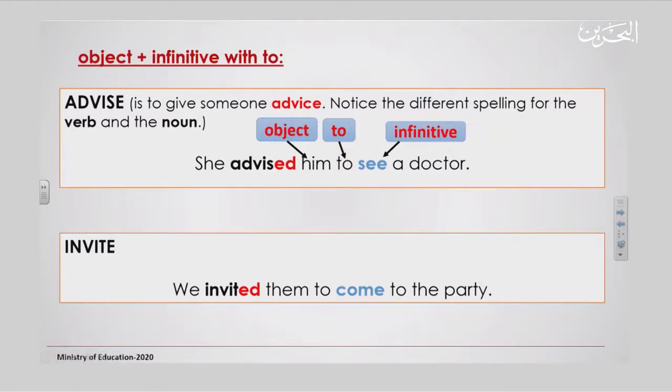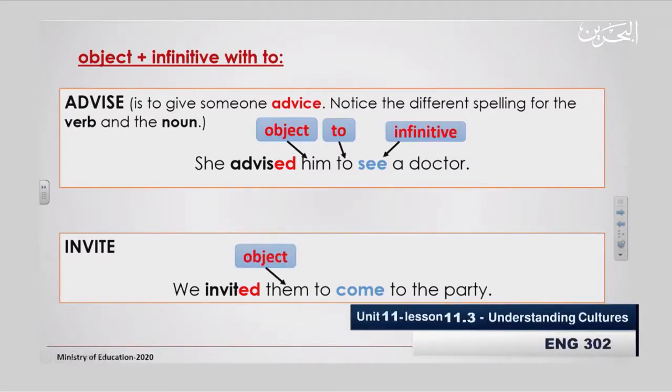So the sentence will be, she advised him to see a doctor. Invite, we invited them, which is the object, plus to, plus the infinitive, which is come. So the sentence will be, we invited them to come to the party.